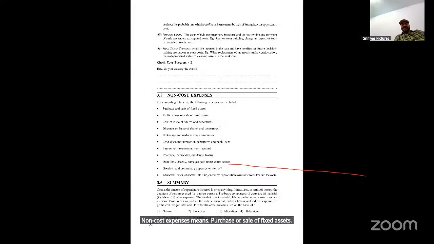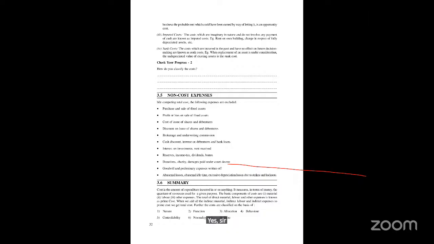In our costing we take material, labour and other expenses, but this purchase or sale of assets, can we take it as cost? No. Only if there is profit on the asset do we want to consider it. Is it audible? Yes, sir. Audible. The voice is breaking, sir.